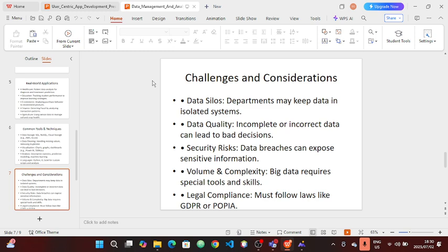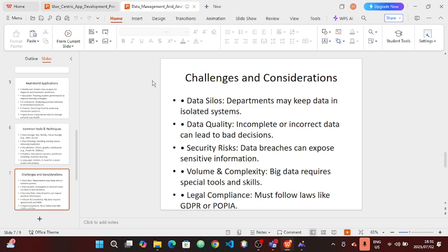Okay, challenges and considerations. Data silos: departments may keep data in isolated systems. Data quality: incomplete or incorrect data can lead to bad decisions.